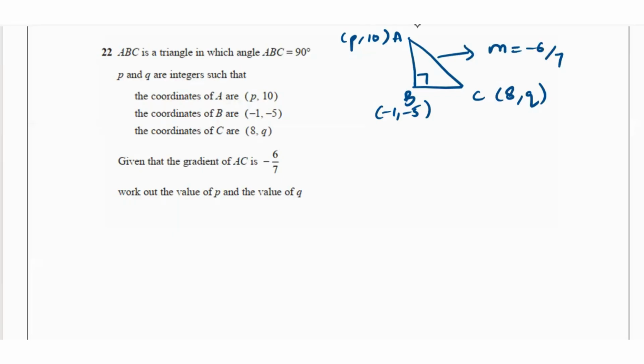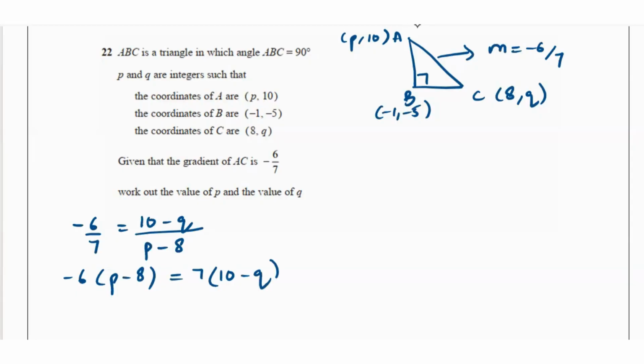So what we can do is first we can create an equation using the gradient of AC, which will be in terms of P and Q. So negative 6 over 7 equals (10 minus Q) over (P minus 8). Cross multiply. Negative 6 times (P minus 8) equals 7 times (10 minus Q).